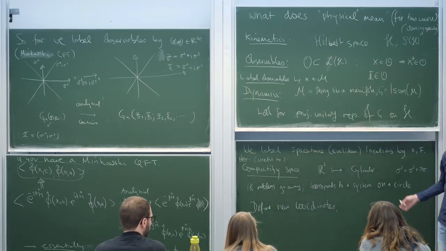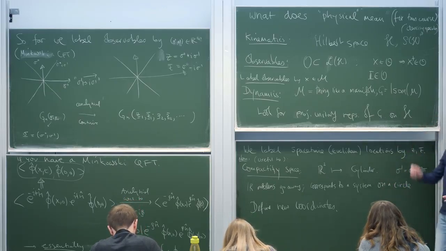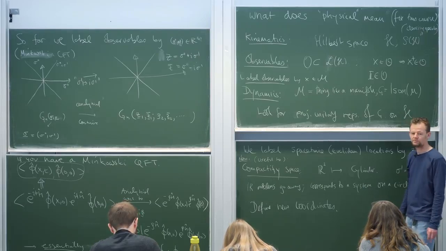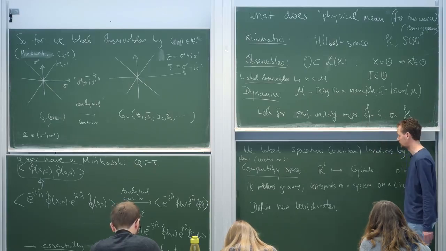You know, we could always label our cylinder coordinates just by where they are on the circle and where they are along the cylinder. But we're going to define new coordinates by taking the exponential of our old z coordinates.